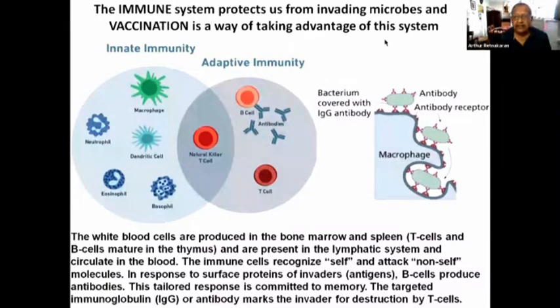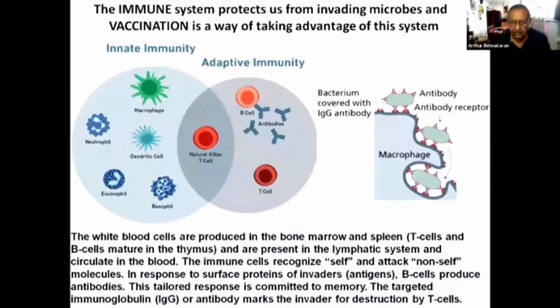Immunity is something that is basic, and it's a field that is extremely advanced, mainly because it has so much impact on cancer treatment. We have so many different types of ways of attacking the cancer cells using our immune system.